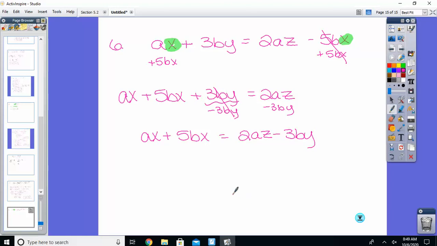Okay, so everything on the left has an x. What could you do to these? Take out the x. Now you have x times something, so to get it by itself, the opposite of multiplying is?